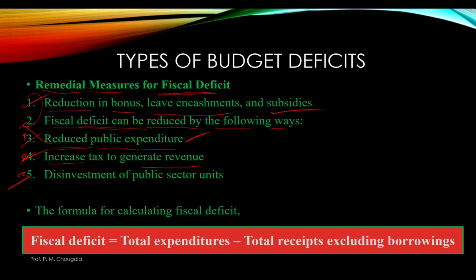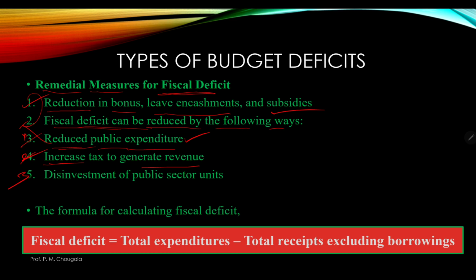So whatever we are discussing here is a critical evaluation of the things. Just for the sake of your understanding, I put these things: increasing tax generation revenue and reducing public expense.